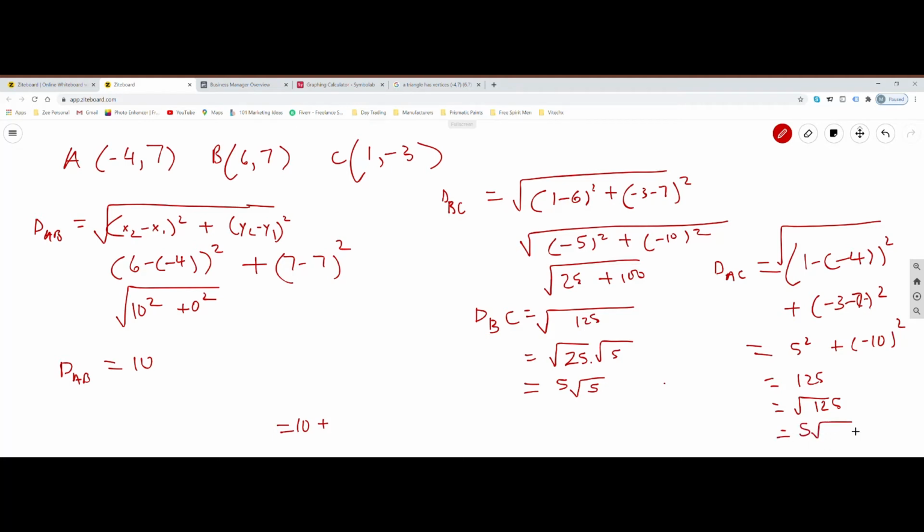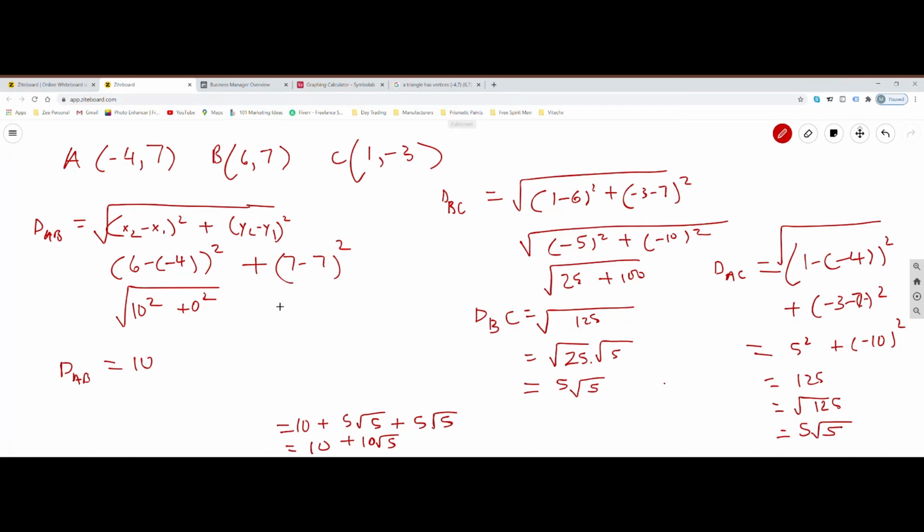So this is also 5 square root 5. So that's your answer. 10 plus 10 square root 5.